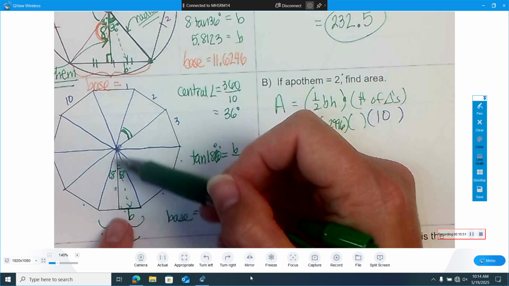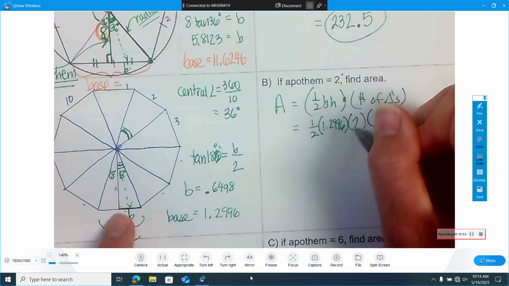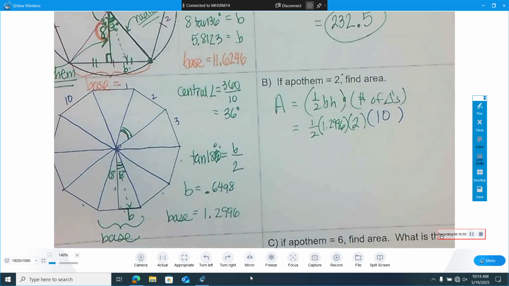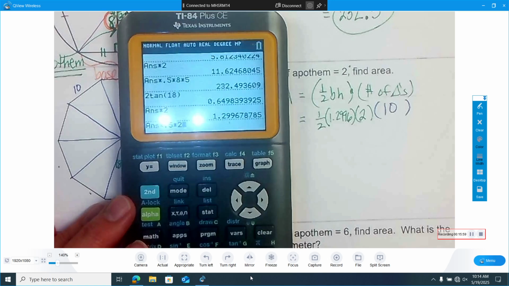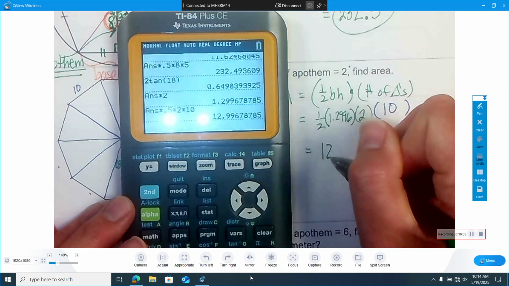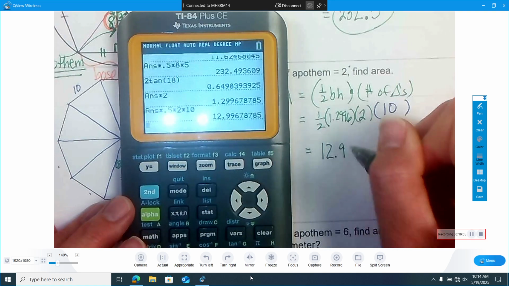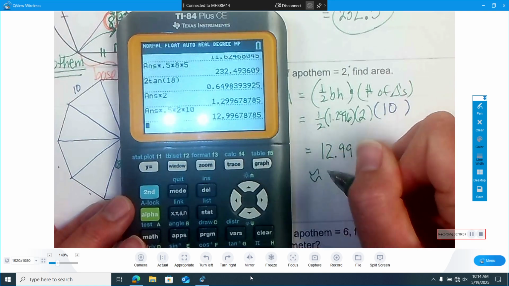What's the height of this little triangle? 2, and that's just the apothem. And then I can just use my calculator again. So times it by 1/2, times it by 2, and times it by 10 triangles. And so we get 12.099, which rounds up to 13.